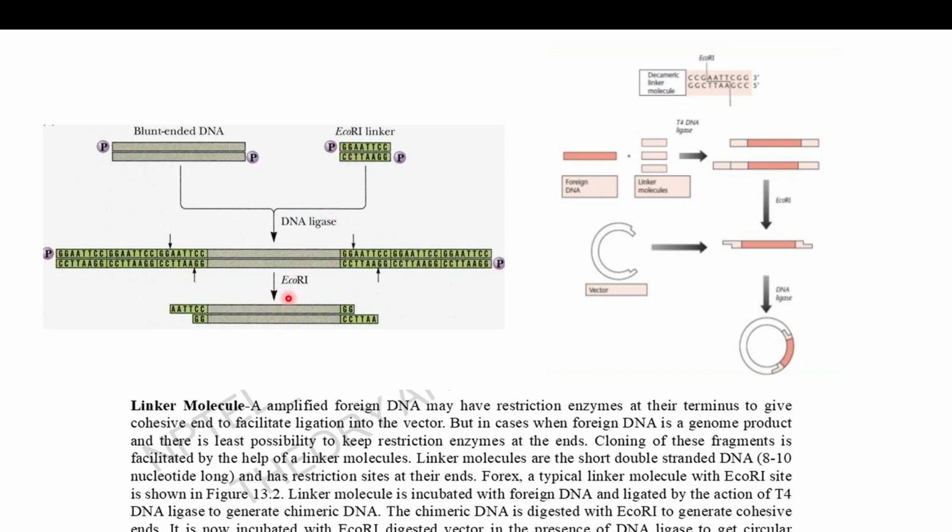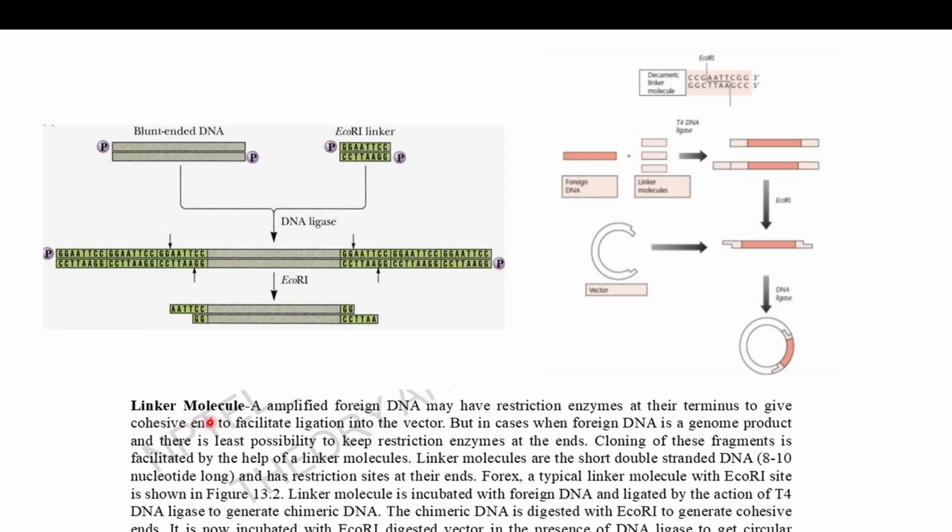EcoRI will cut at its recognition site between G and A, GAATTC, and create an overhang. This overhang can again be ligated very specifically with your insert or your vector, wherever you add this linker region, thereby creating the sticky end, preventing self-ligation of the vector molecule and giving a much more specific recombinant molecule.